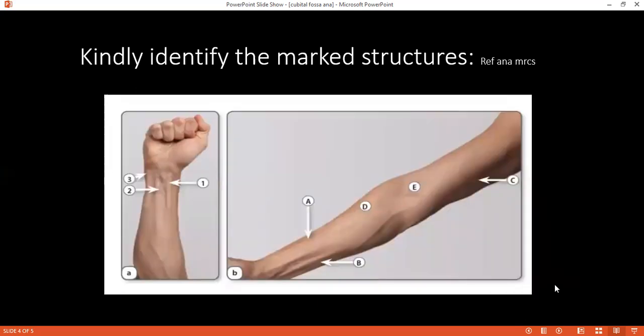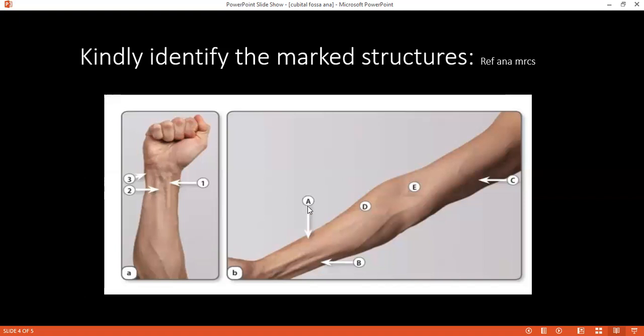Can you identify these tendons in this picture A? What is one? This is palmaris longus. Two? Flexor carpi ulnaris. Three?